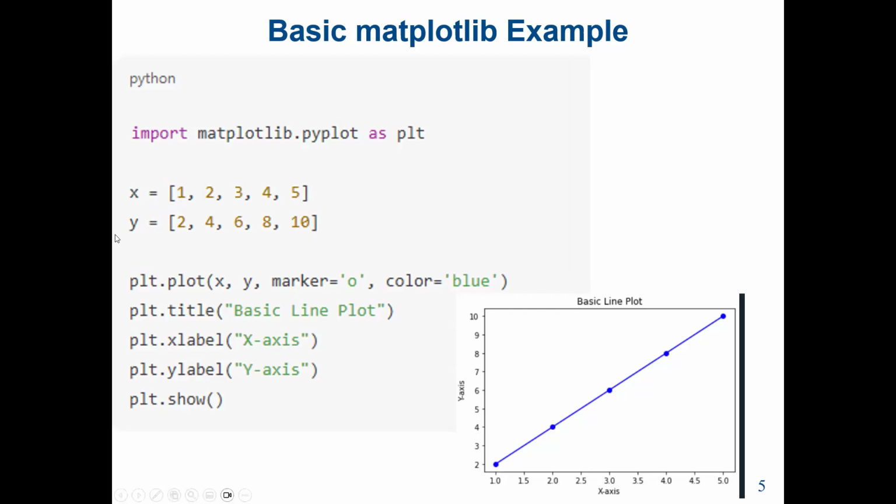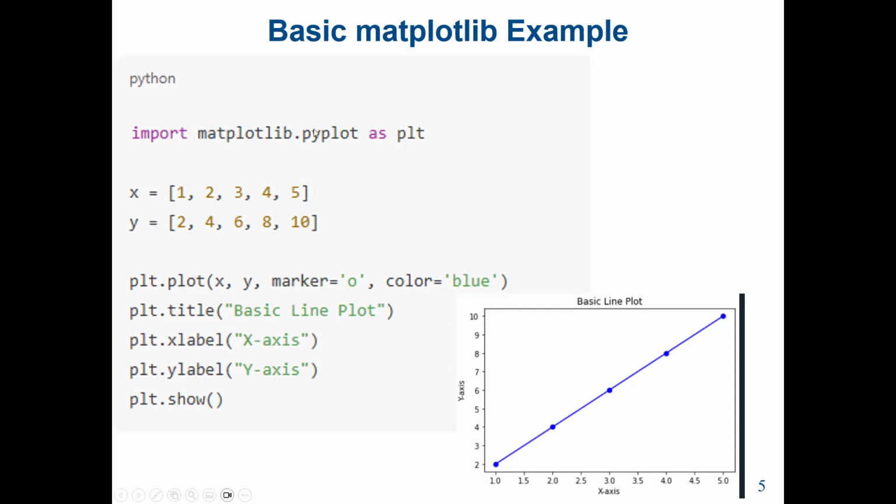Y values are 2, 4, 6, 8, 10, with an interval of 2. So both are constantly increasing. As we said earlier, if we plot the graph without data, we get a blank graph. Visualization is still data, but we represent the data as a graph.